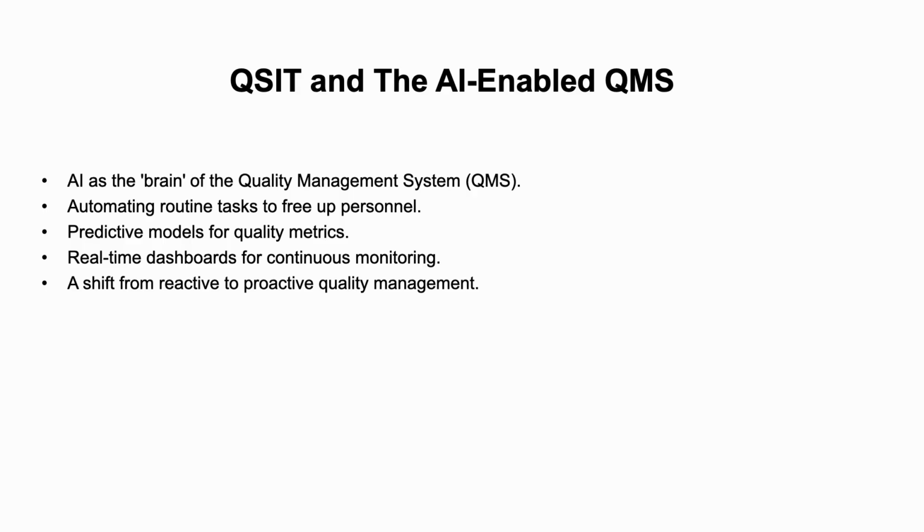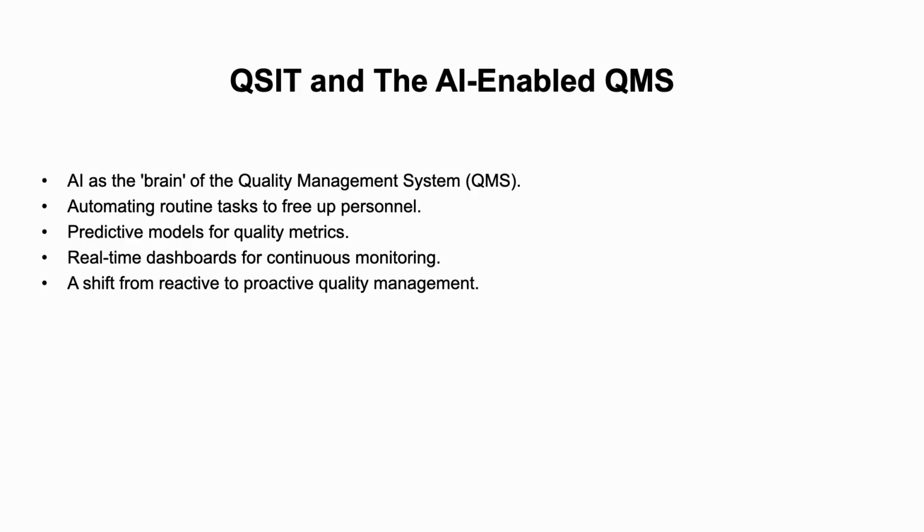AI can also be used to create predictive models for quality metrics, forecasting potential quality issues before they arise. By analyzing data from manufacturing, supply chain, and post-market surveillance, AI can provide a holistic view of a product's life cycle and identify potential risks. This real-time intelligence can be presented on dashboards, allowing quality managers to continuously monitor the health of their QMS.